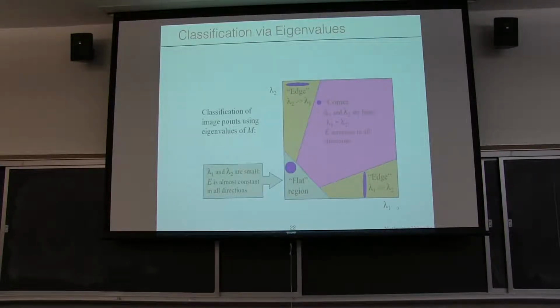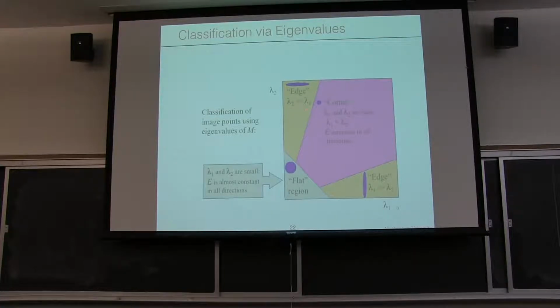So what this says is that by looking at the eigenvalues and the eigenvectors of this matrix that my friend the oracle had told me before and we derived now, I can tell whether I have a corner or not. If both lambda 1 and lambda 2 are large, that means I have really strong edges in these perpendicular directions of the eigenvectors, which means I have a true corner.